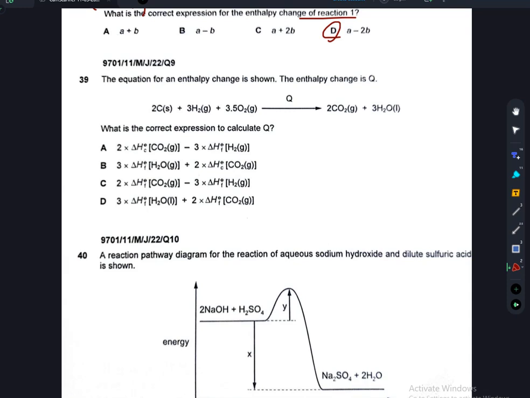Obviously CO2 is being formed, and H2O is also being formed. CO2 is being formed from carbon in the solid state, so this is its formation. Similarly H2O is being formed from hydrogen and oxygen in their normal physical state, so this is also formation. So 2, formation of CO2, and 3, formation of H2O, will give us the enthalpy change.